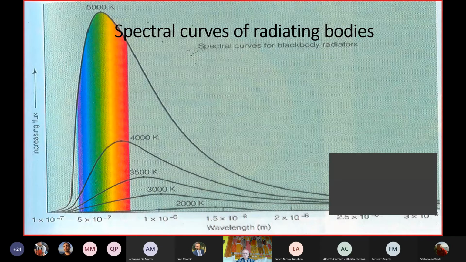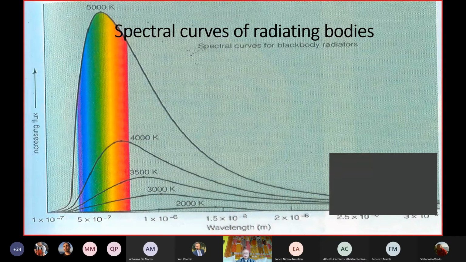And now if we look at the radiation emitted by bodies, you can see on the black curves the surface temperature of the body, and the area under the black line is the total, the integrated radiation, including the heat, the infrared, the light, and then to the left is the UV radiation.